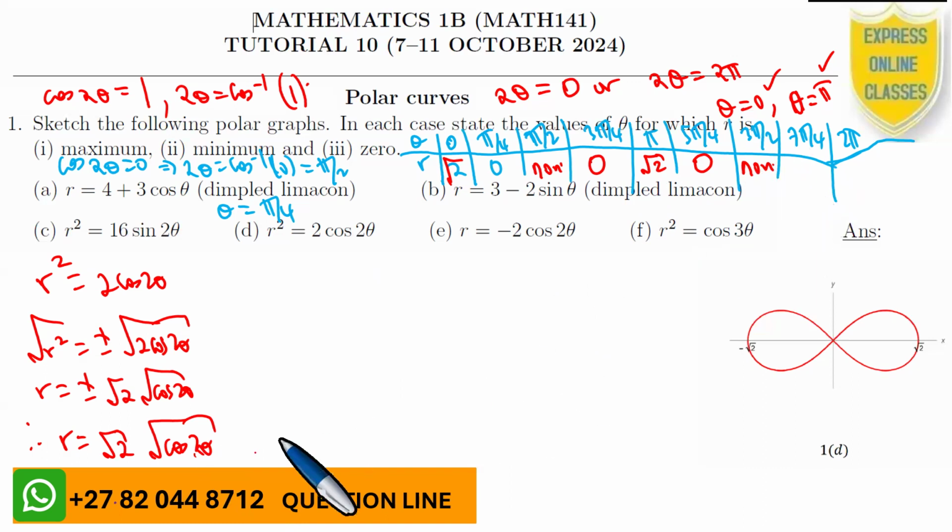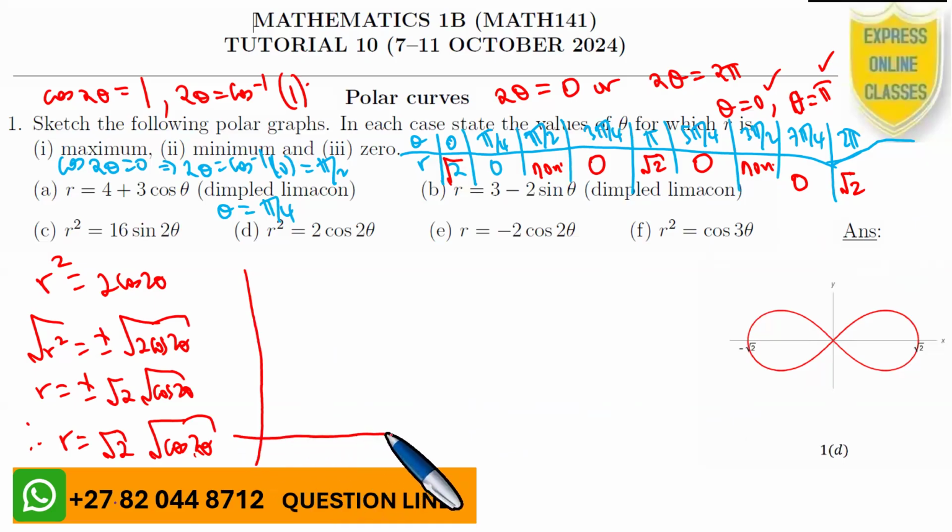The cosine is negative 1, and you can't have negative under the square root. But 7 pi over 2 is going to be also a 0. At 2 pi, it's going to be the square root of 2. We're just dealing with the positive, and then we're going to see what we get.